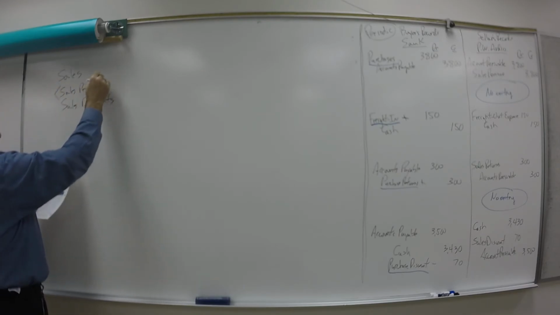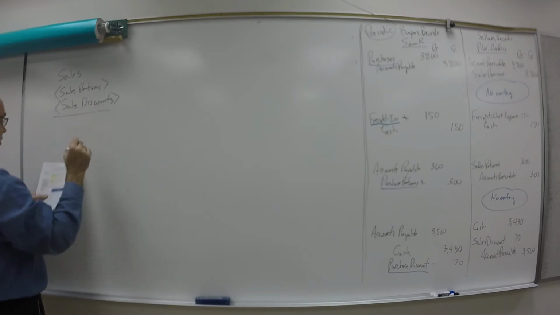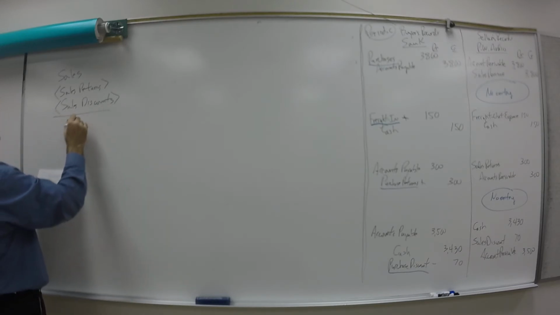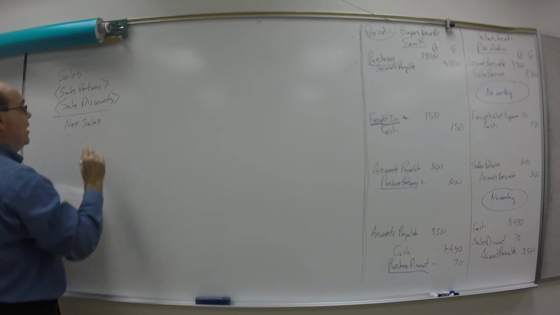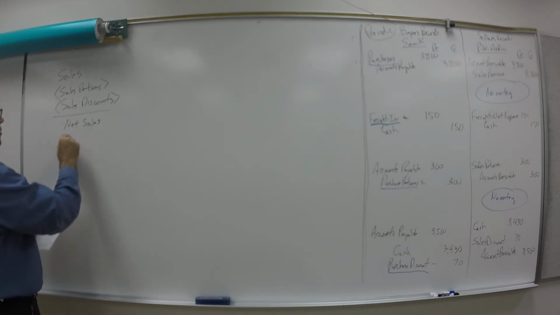So those get taken out, and those come down to net sales. Okay, I'm not going to put the numbers, I'm just going to show you how it flows. So that gives us our net sales. Then we come down, and you can see on page 222, they have the cost of goods sold.